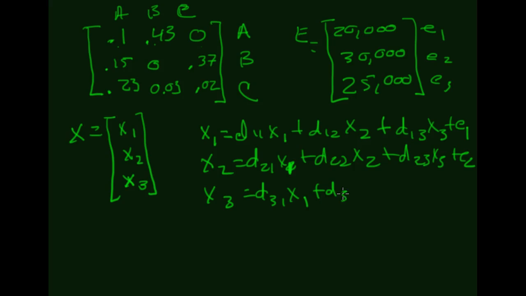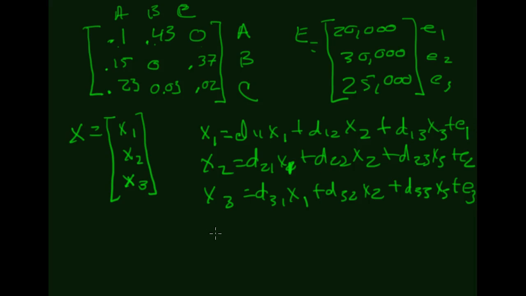Plus D32 x2 plus D33 x3 plus E3. Okay, so what I want here is each unit of x1, so the number of units of x1, should equal what I spend from each of these three plus the surplus, right?